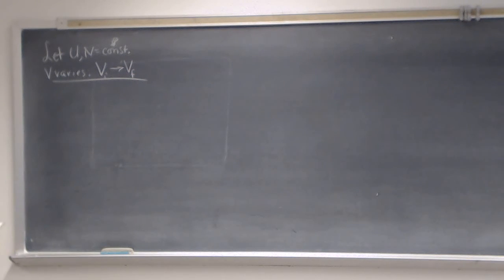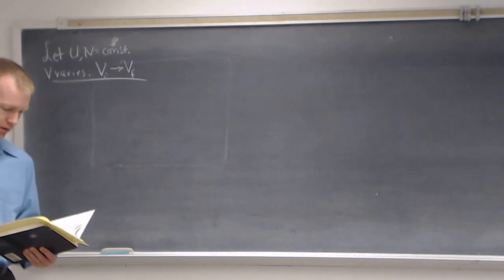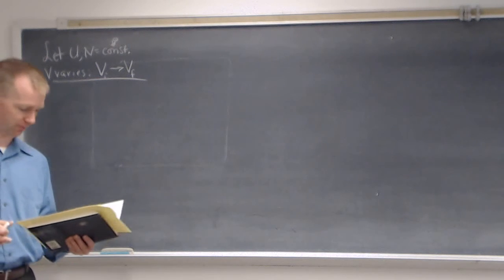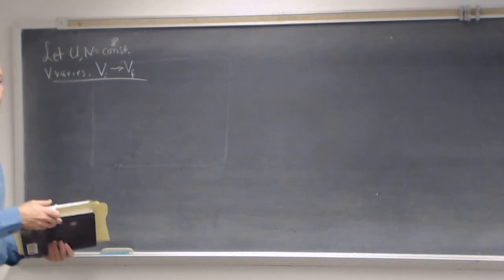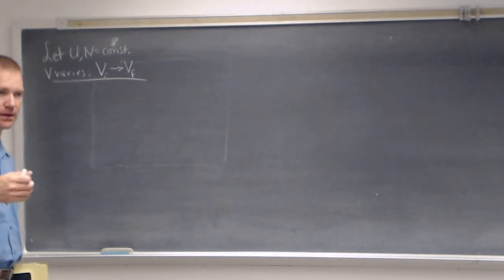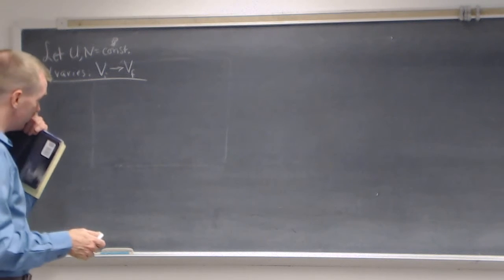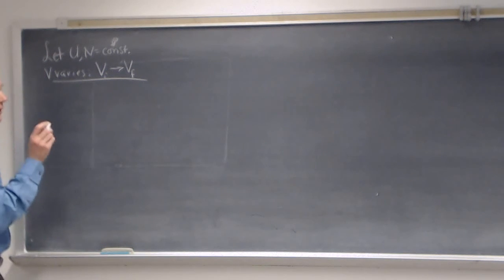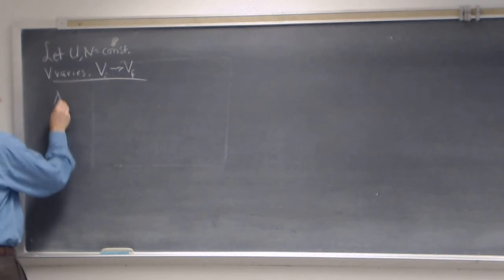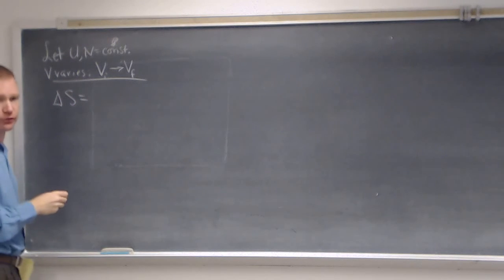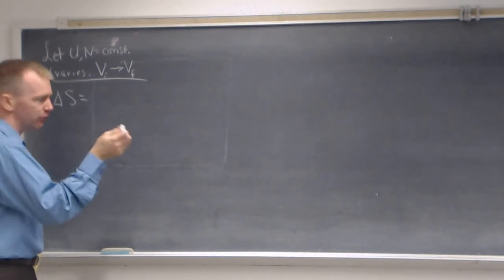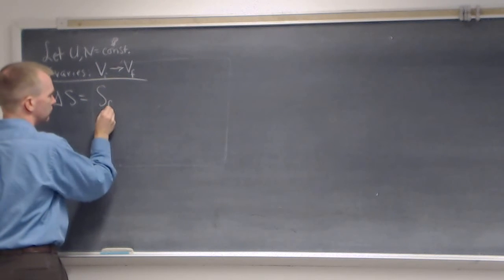All right, so we start off at an initial volume V_i and end up with a final volume V_f. So what is our change in entropy if we increase the volume, holding the others constant? So delta S is S final minus S initial.